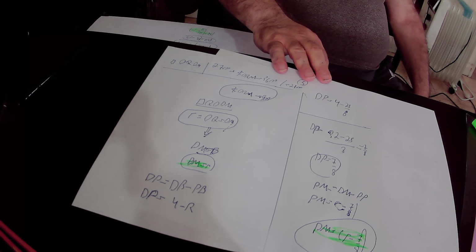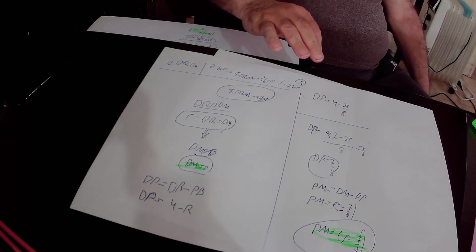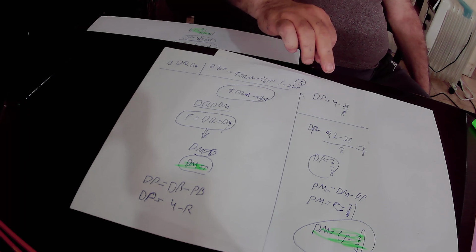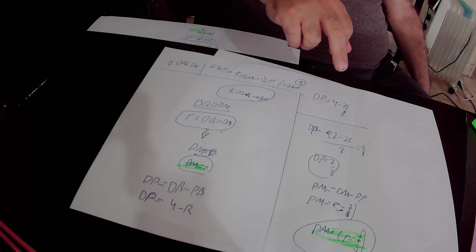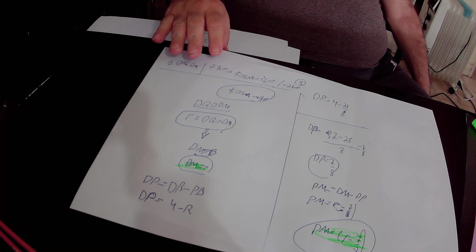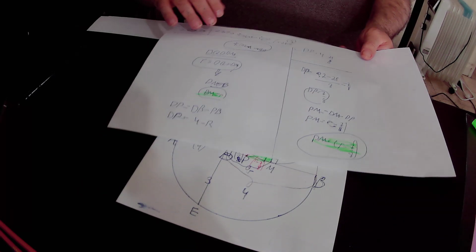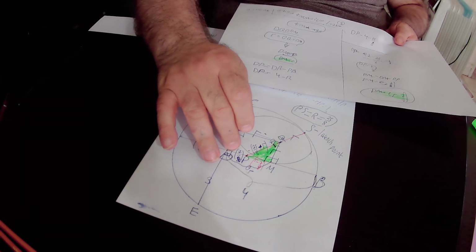So here we multiplied 4 by 8 and then divided by 8 in order to have a common denominator with 25 over 8. 4 times 8 is 32, so in the numerator we have 32 minus 25, that is 7, and in the denominator we have 8. So in conclusion, the length of DP is equal to 7/8. We wrote here that DP equals 7/8.